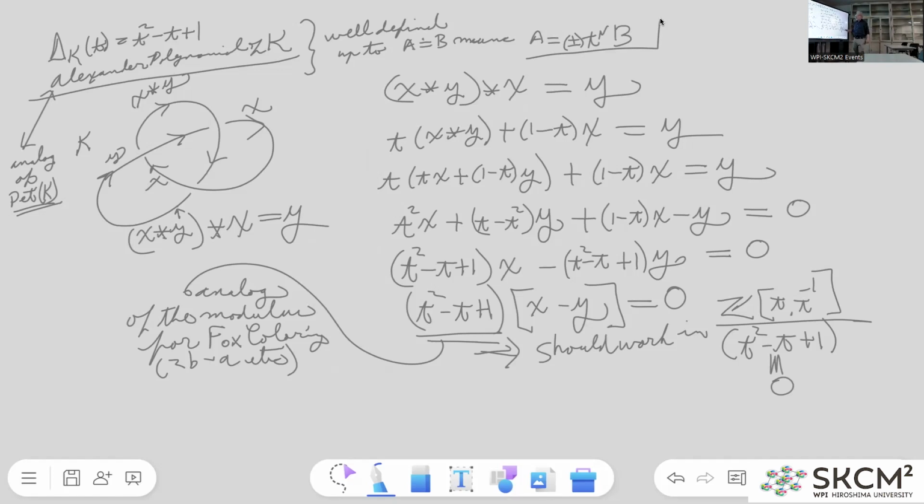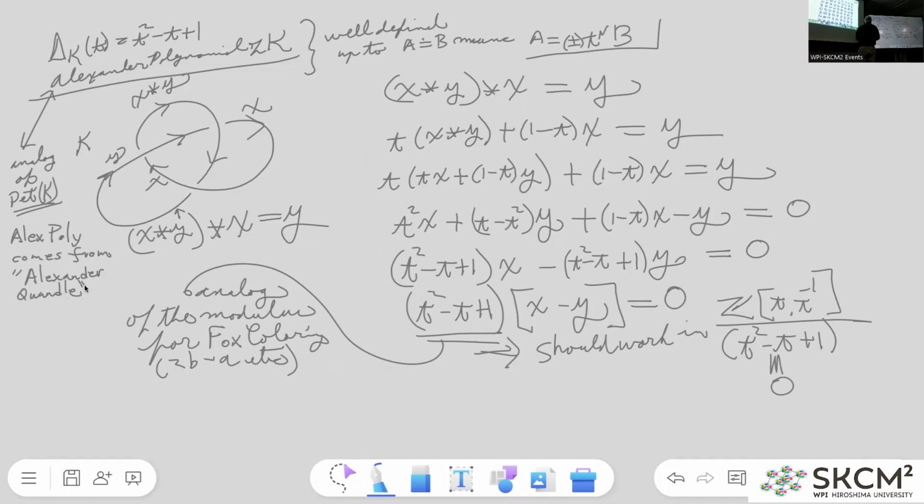The Alexander polynomial can be thought of as coming from the Alexander quantum. Of course, Alexander didn't know about quantums, but he had a structure that's similar to that.